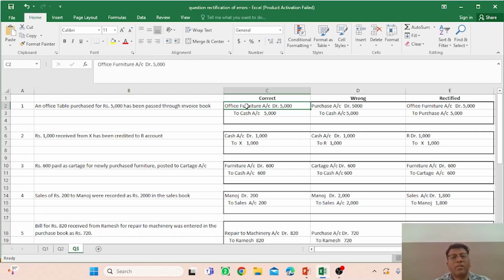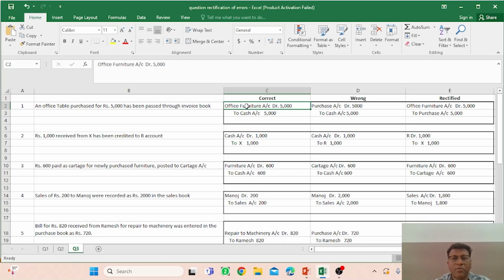When we talk about the particular head of the account, there is a mistake, and if you check whether there is any other error, you will find sometimes that the amount is also wrongly debited or credited. So you should keep both perspectives in mind: the particular account was wrongly debited or credited, and second, the amount was correct or wrong, right? You have to focus on both things, and make the correct entry first, then the wrong entry, and on the basis of the correct and wrong entry you go for rectification of error.